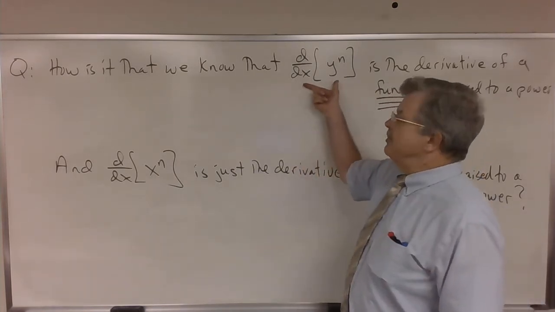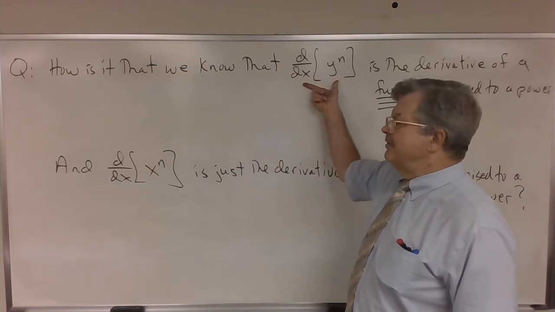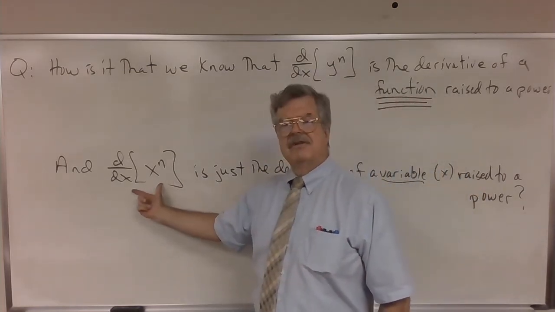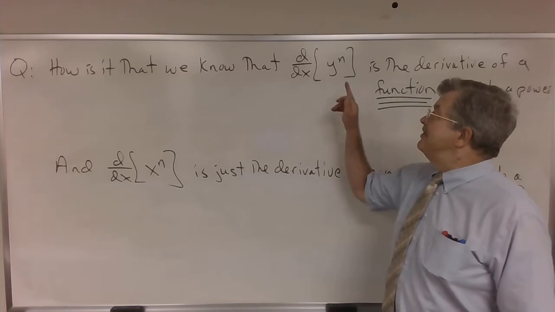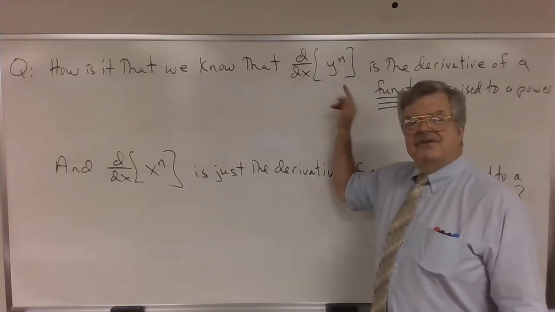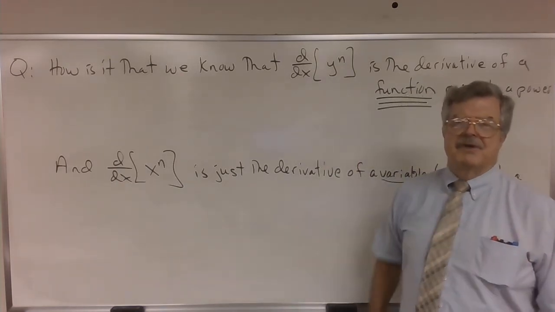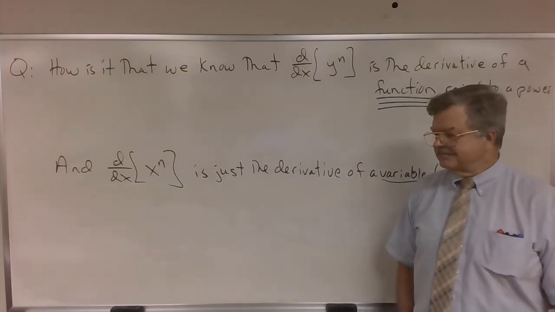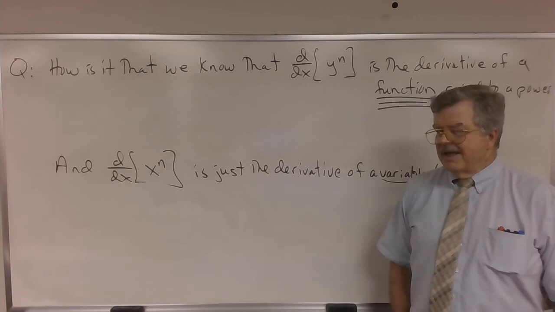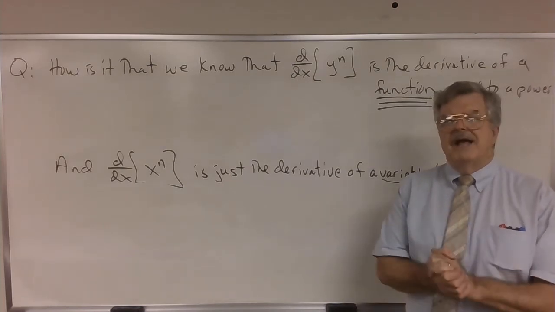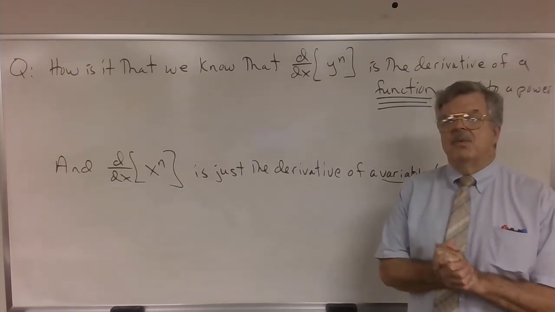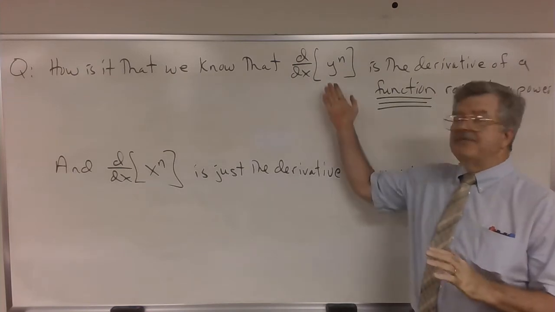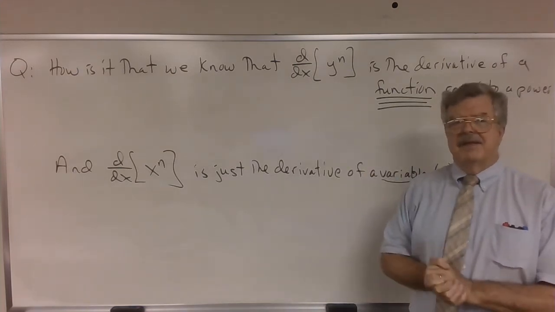But appearance-wise, what's different about this compared to this that tips us off that this is the derivative of a function raised to a power? What do you think? Even if you don't know why the difference is significant, what difference is it that you're focusing in on here?